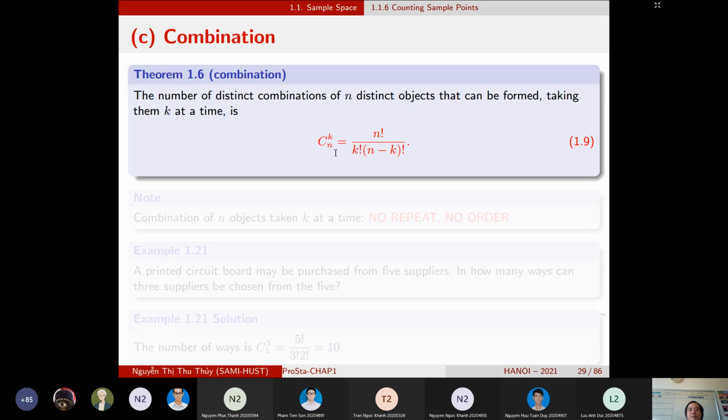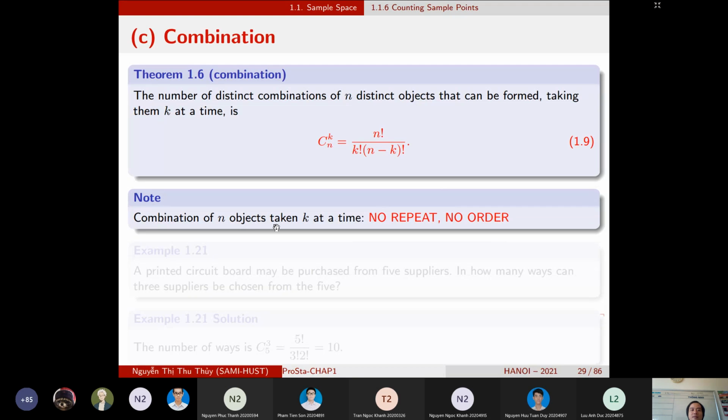Okay, so the relationship between combination and k permutation is that the number of k permutations is a lot more than combinations. Okay, and the k permutation P(n,k) equals k factorial multiplied by C(n,k). Okay, so we note that combination of n objects taken k has no repetition, and we don't care about the order.